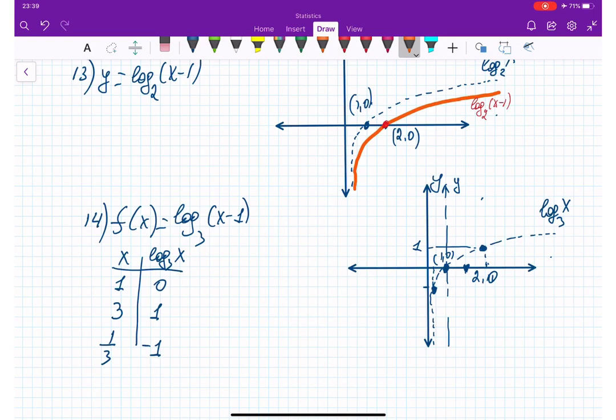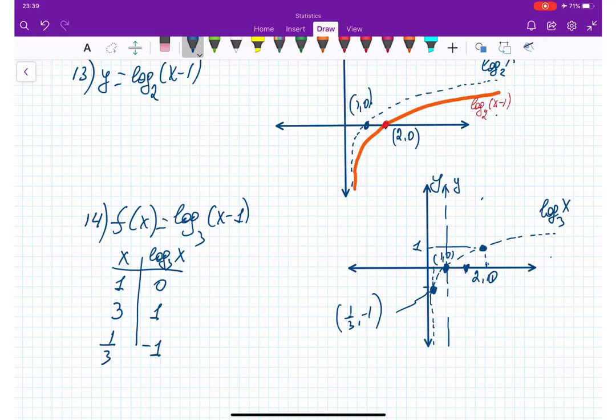So my x is changing by +1, which means this point, that is what? 1/3 and -1. It's going to become 1/3 plus 1.